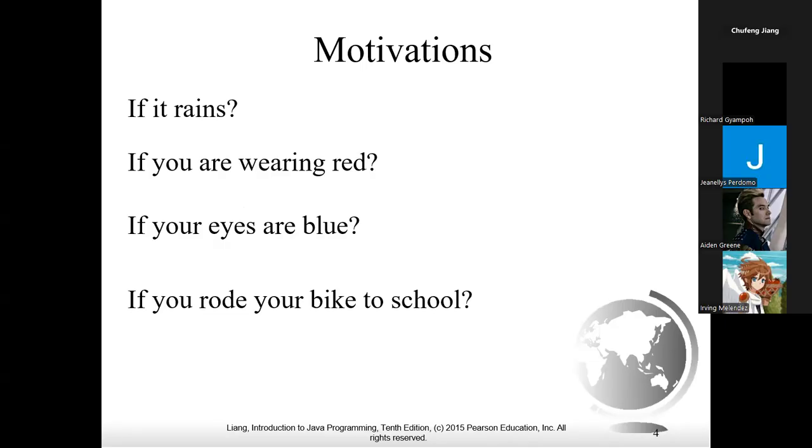So for the if statement, there are some motivations, like figuring out whether it rains today or not, and if we are wearing red, or whether your eyes are blue or brown, or whether you rode your bike to school or took the bus.